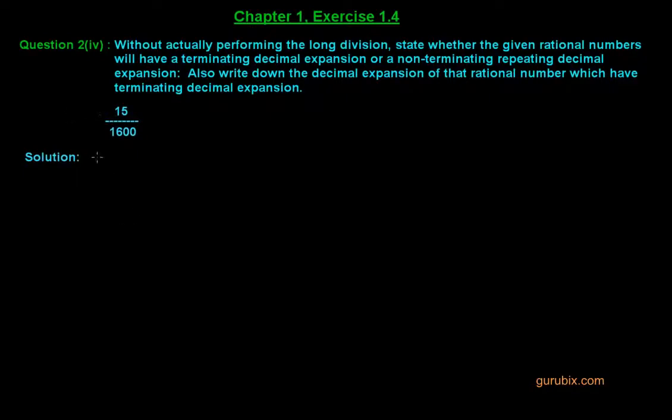First of all, we shall collect the denominator of this rational number, and we get 1600. And now we shall factorize this 1600 into its prime factors by prime factorization method.